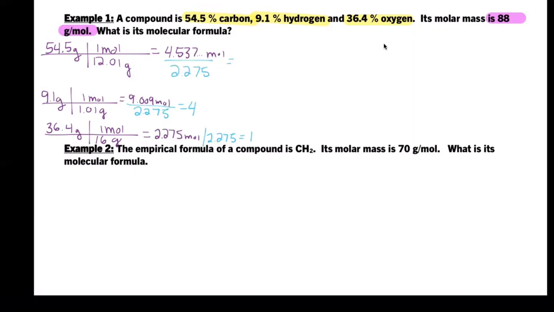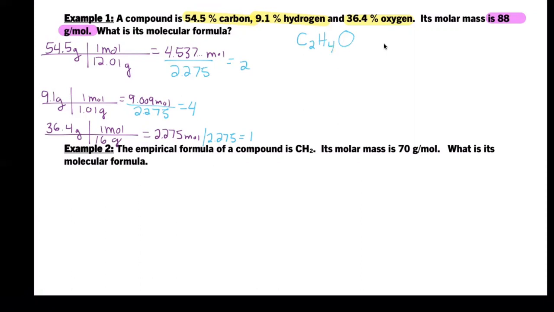And for the carbon, I get 2. So that makes my empirical formula C2H4O. So that is the very basic thing you need to have to even be able to do these problems. If you don't have it, you have to go through all the work we did in the previous empirical video and catch up to that point.